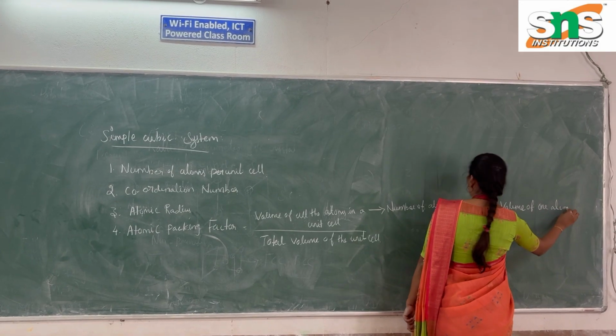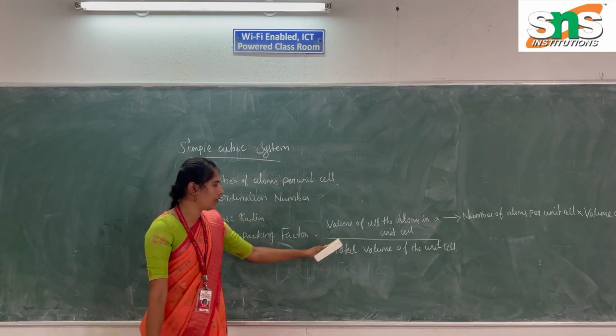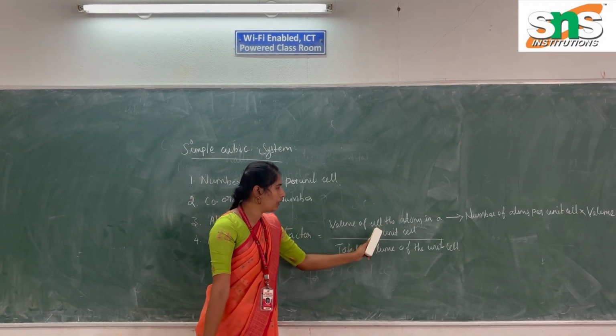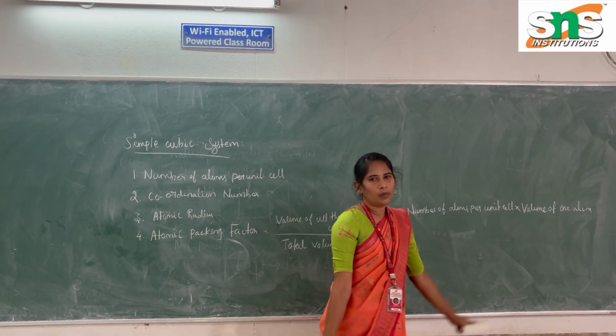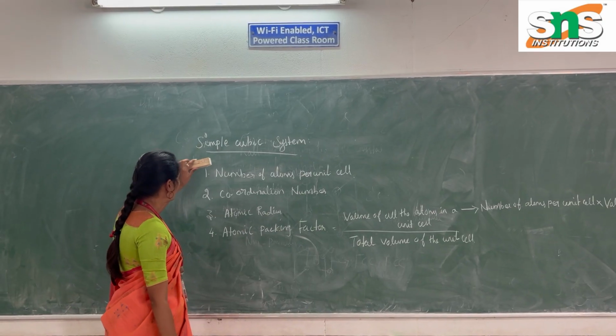This is the formula for calculating the atomic packing factor: volume of all the atoms in a unit cell divided by total volume of unit cell. First of all, volume of all the atoms in a unit cell is number of atoms per unit cell into volume of one atom. Okay, now we are calculating the value for the simple cubic system.